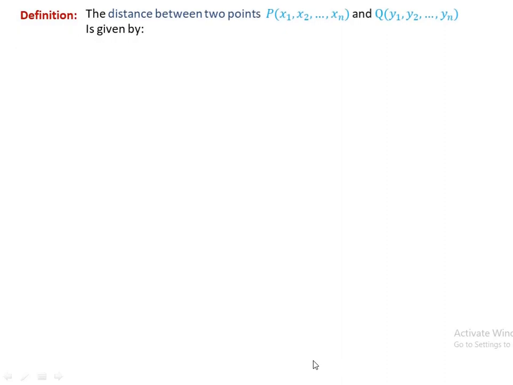You can see the proof in the book. Another definition: the distance between two points p with components x1, x2, ..., xn and q with components y1, y2, ..., yn is given like this. The distance from p to q is the magnitude of the directed vector p to q.